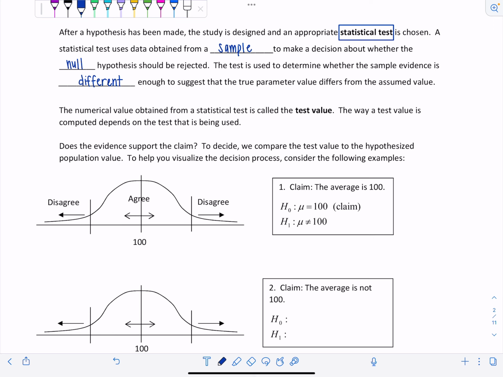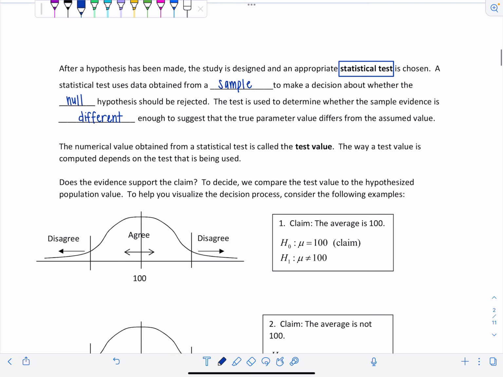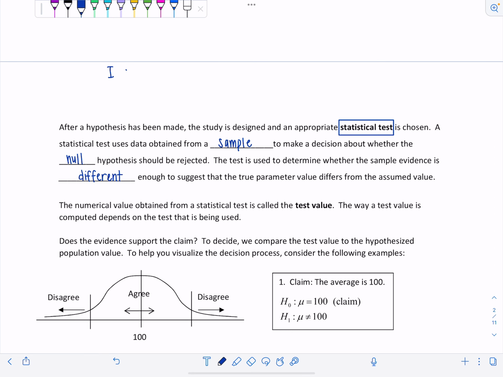Okay, so here's basically what happens. Say I were to make a conjecture that the mean age of students taking my class is 22 years old. Okay, I could take a sample of 10 students from my class. I claimed, let me write this out for you guys. So I claim that the mean age of students is 22, okay?